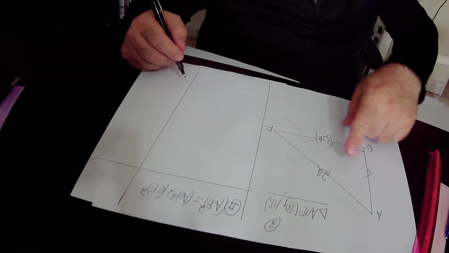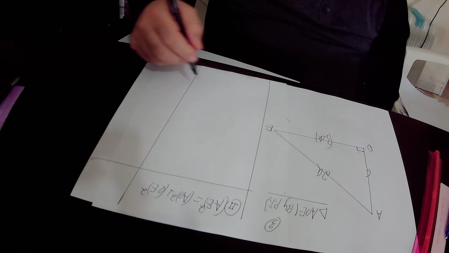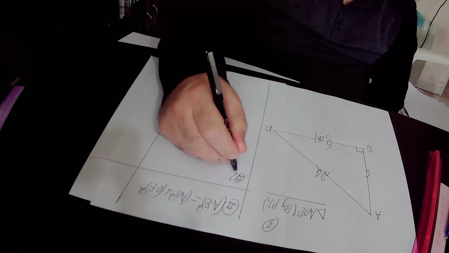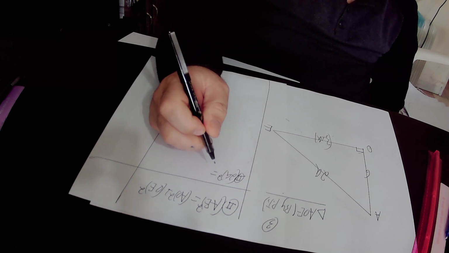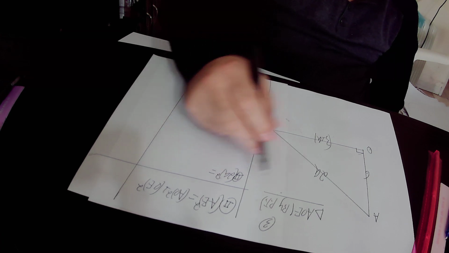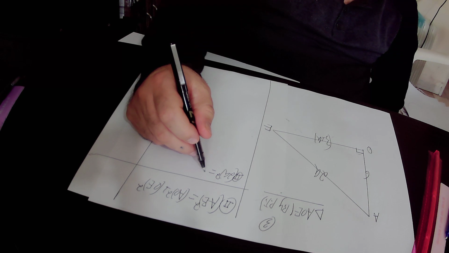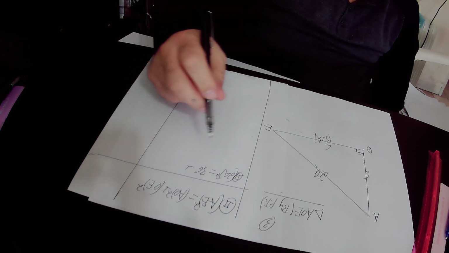Here AE is 2A, so AE squared is 2A squared. And it is equal to AO squared. AO equals 6, so AO squared is 6 squared, that is 36, plus OE squared.